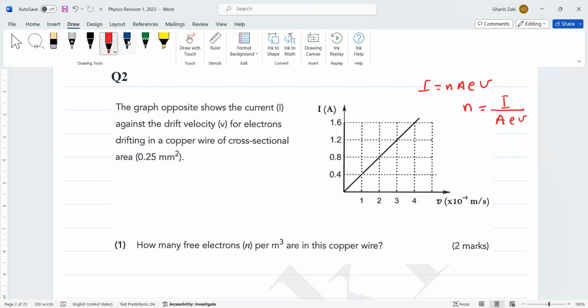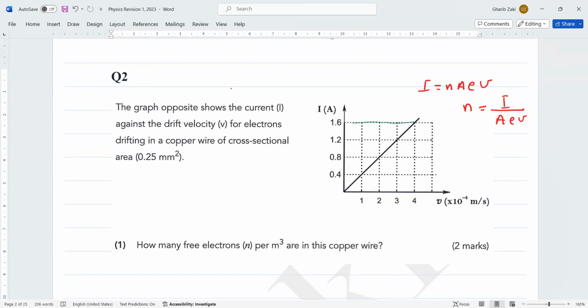From the figure, we can deduce that when the current is 1.6 ampere, the corresponding drift velocity, because it's a direct relation, is 4. But remember, it's 4 multiplied by 10 to the power negative 4.